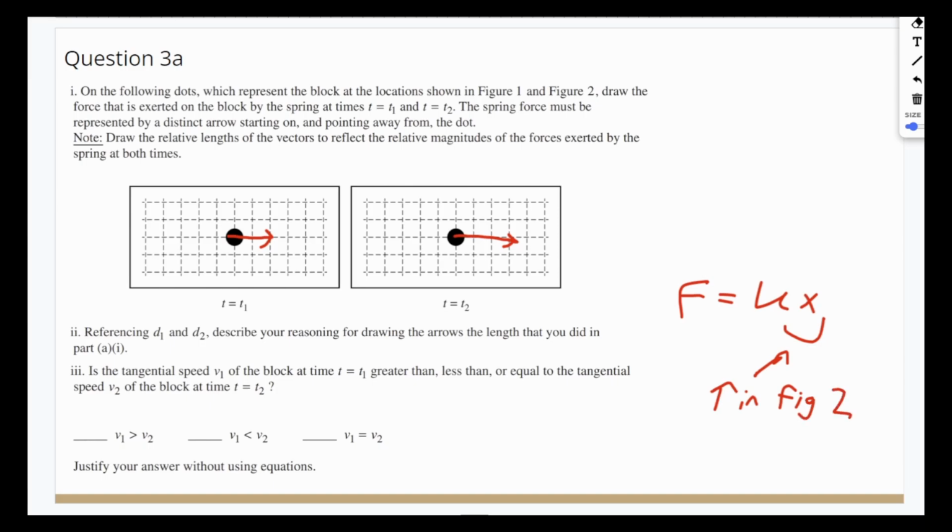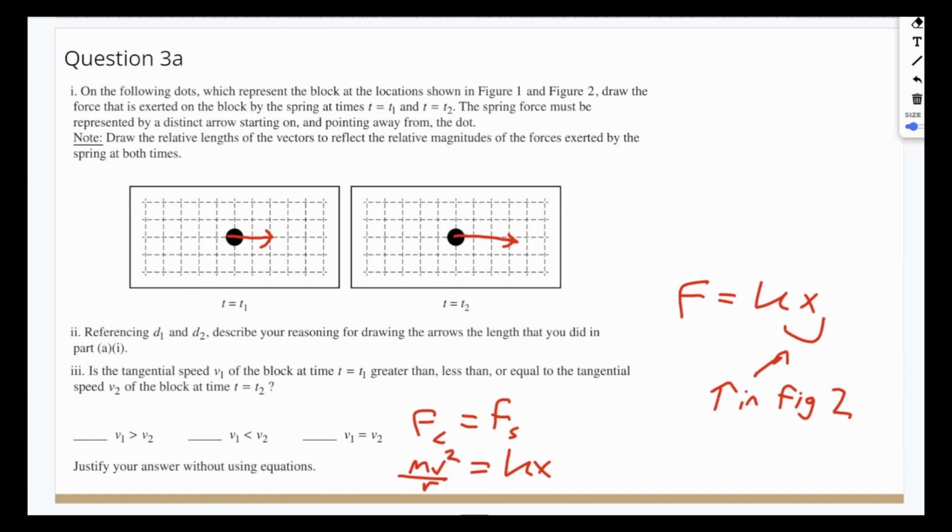Number 3, tangential speed at v1, is it bigger in figure 1 at t1 or bigger in figure 2 at v2, t2? So the way that we can justify this is we know that the force pointing to the center can be described as centripetal force, Fc, and we know that that force is also a net force, and it has to equal the restoring spring force, which is equal to Fs. So both of these are also equal to mv squared over r, where v is tangential velocity, is equal to kx. x is the distance stretched, r is the radius from the center, and m is mass.